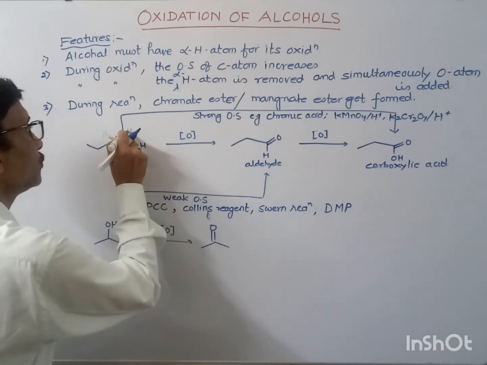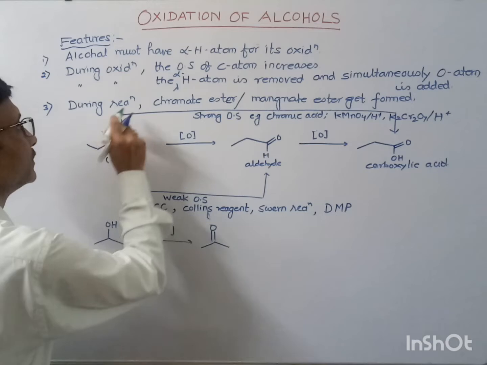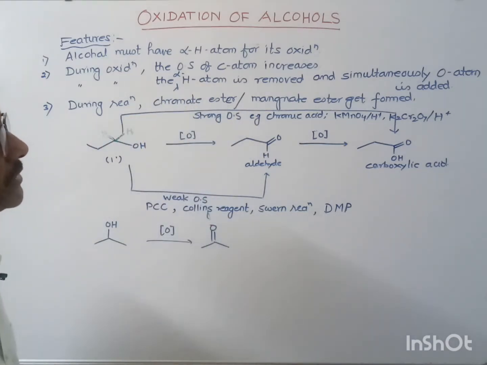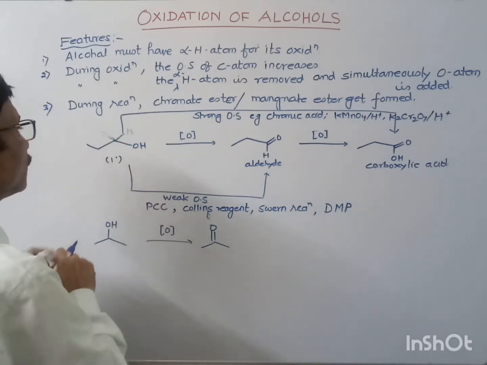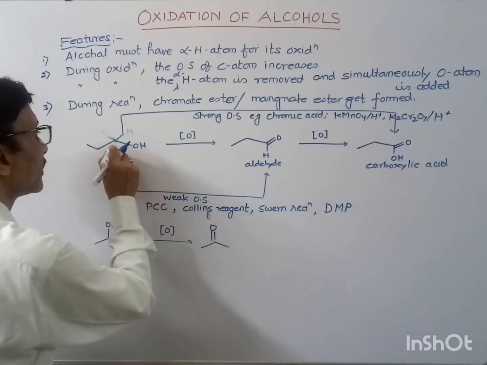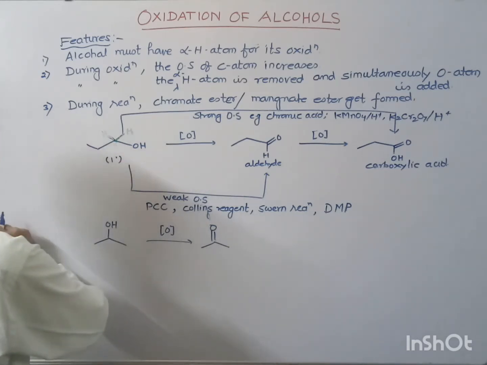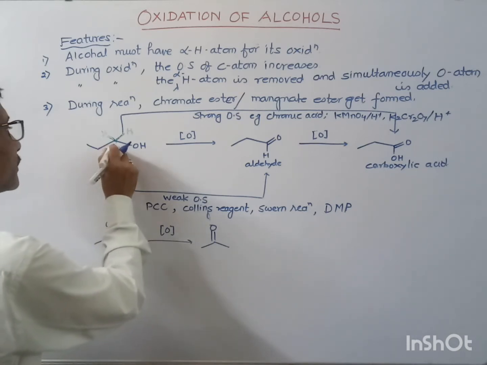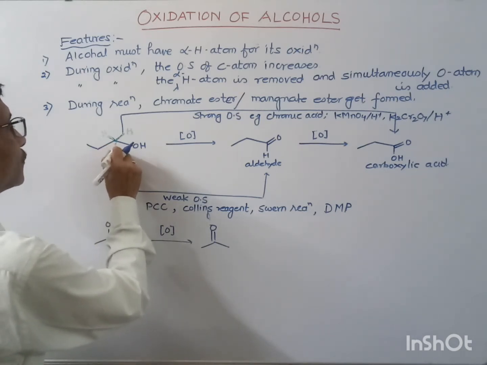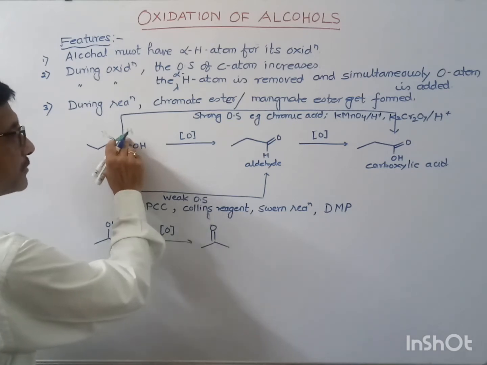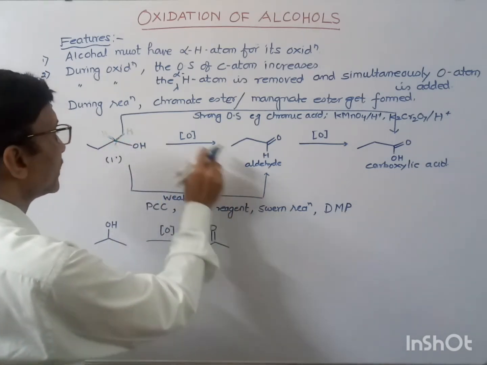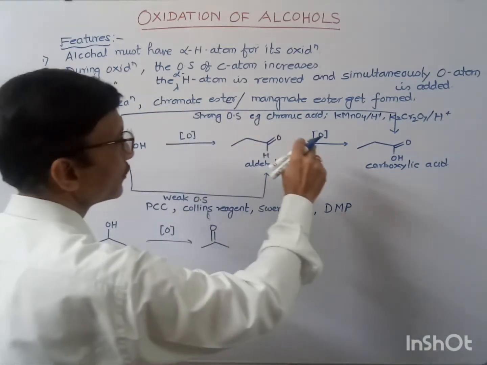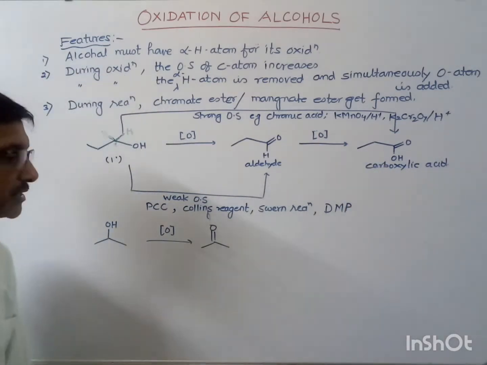What I have told you is that an alpha hydrogen atom is removed and simultaneously oxygen is added over here. So one alpha hydrogen atom is removed and we get the aldehyde, another alpha hydrogen atom gets removed and we get the carboxylic acid.